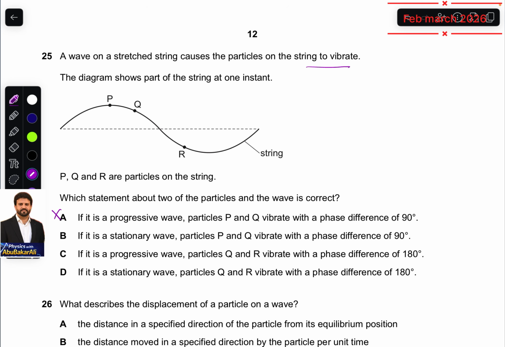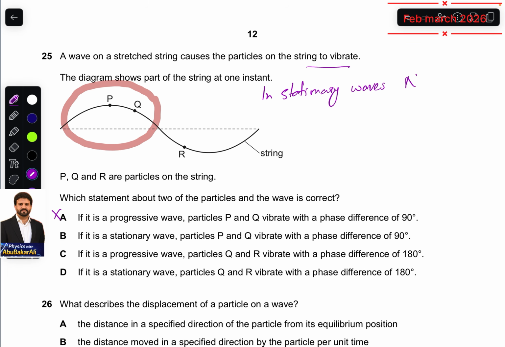B is, if it is a stationary wave, particles P and Q vibrate with a phase difference of 90. No. If it is a stationary wave, whatever particles are in this region, they will be in phase. Okay, but you have to keep in mind there is an important point. In stationary waves, mostly students make this mistake.